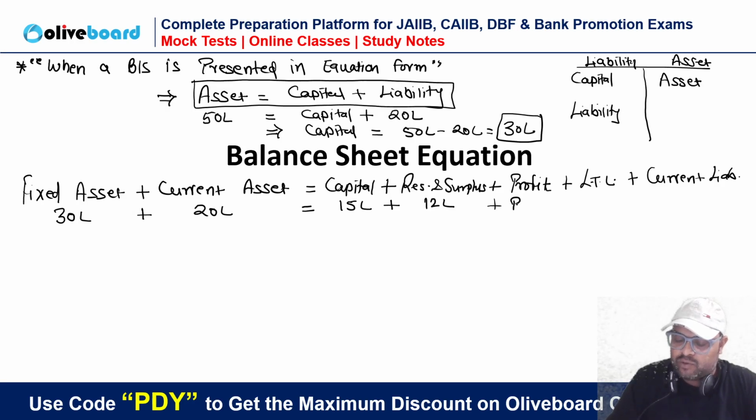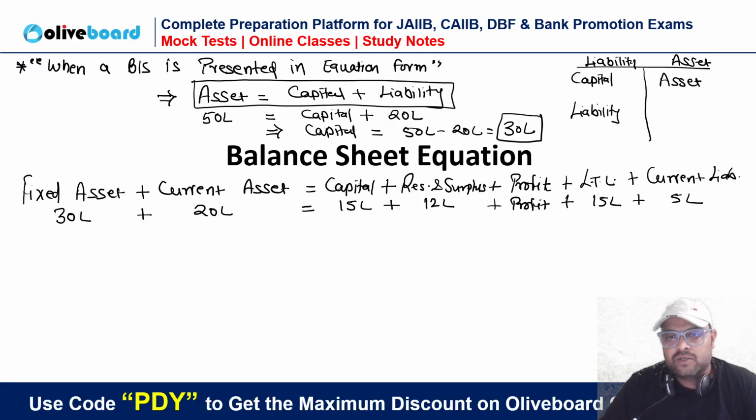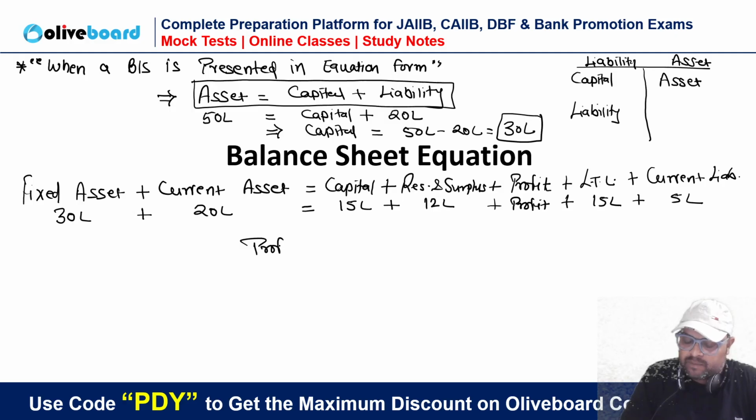They will give you profit as the missing value, and long term loan is like 15 lakhs, and the current liability is 5 lakhs. So by using that information, we can calculate the profit.